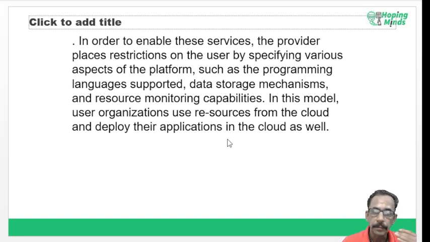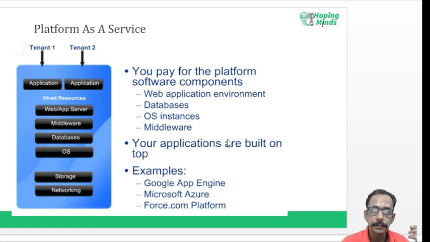So this is platform as a service, where the provider will be responsible up to here: middleware, database, operating system, storage, networking. Everything is taken care of by the provider. You just need to focus on your application. This is the platform as a service.